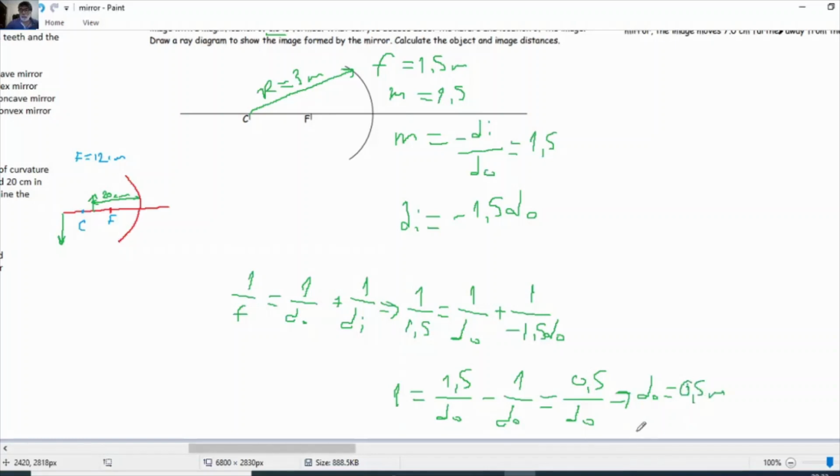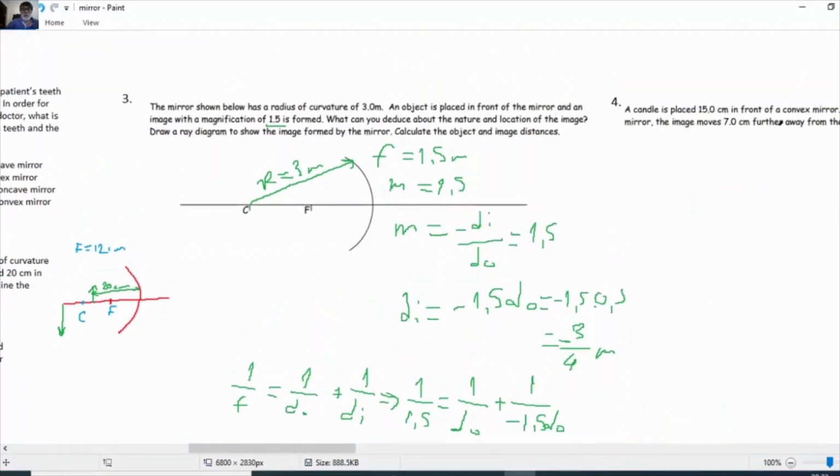But we know that the image distance is negative 1.5 times the object distance, so negative 1.5 times 0.5, totally it is going to be equal to negative 3 over 4 meter. What does this mean? It means that the image distance is negative, which means that the image is behind the mirror.